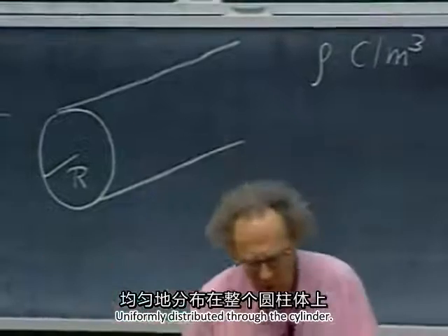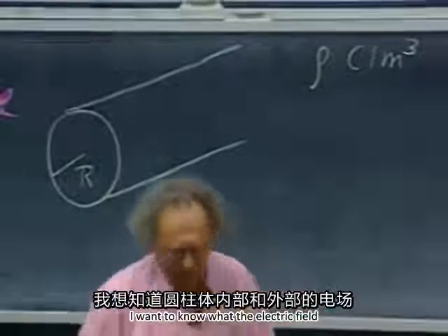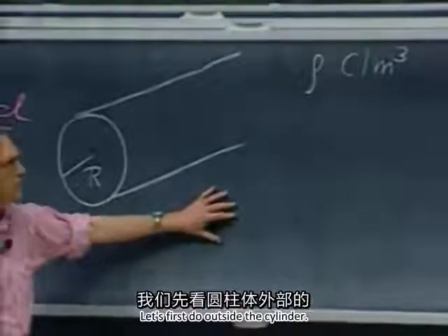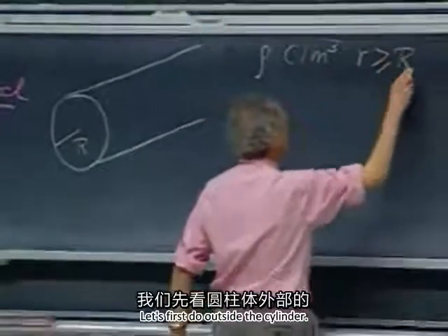Uniformly distributed through the cylinder. I want to know what the electric field inside the cylinder is and outside the cylinder. Let's first do outside the cylinder.